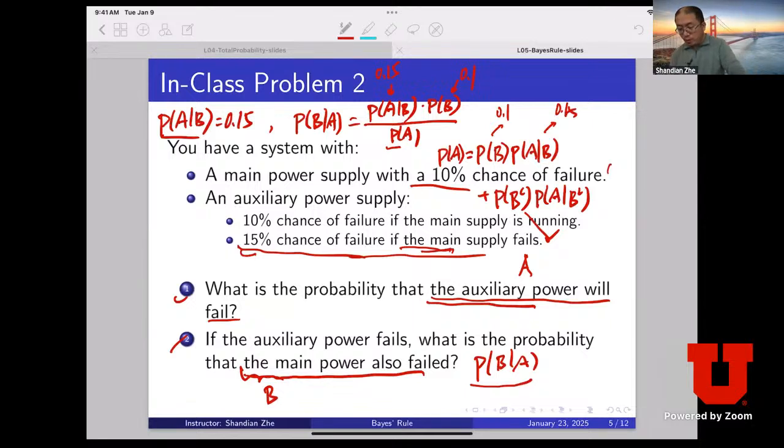Because you know P of B is 0.1, of course the probability of B complement will be 0.9. And how about this guy? What's the probability of A given B complement? Yes, it's still 0.1.